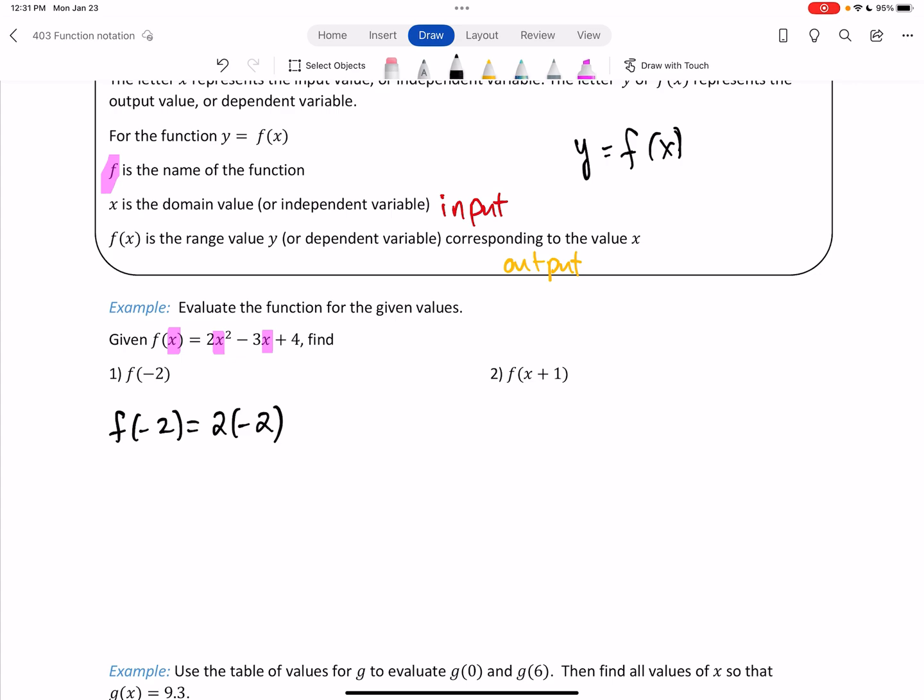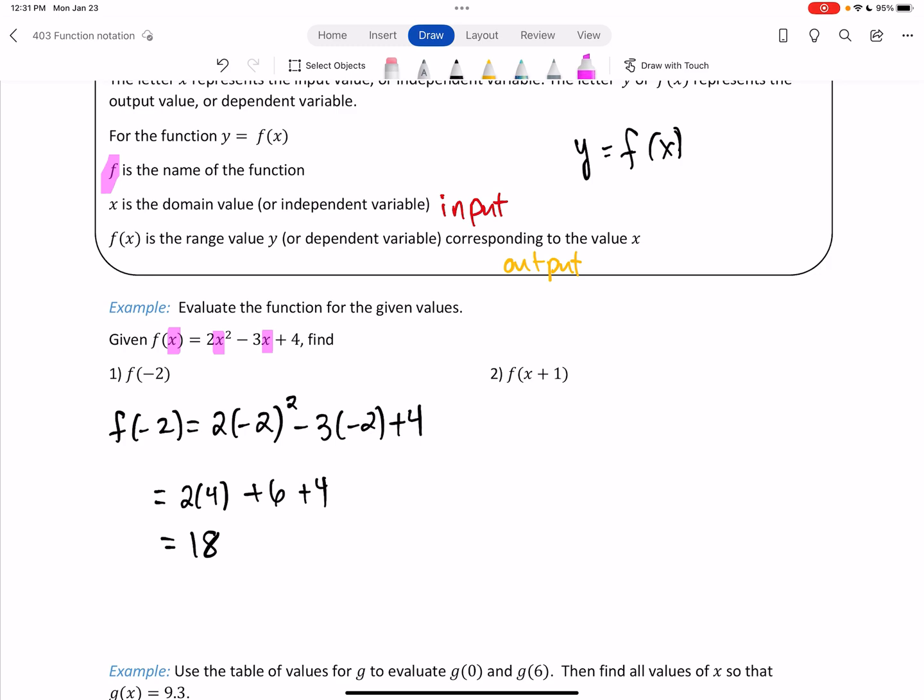So the input is going to be negative 2. And then we're just going to put this in our calculator and see what we get, okay? So 2 times 4 plus 6 plus 4 is 18, okay? So make sure you're using the parentheses around your negative 2. It's important that the x gets parentheses around it.